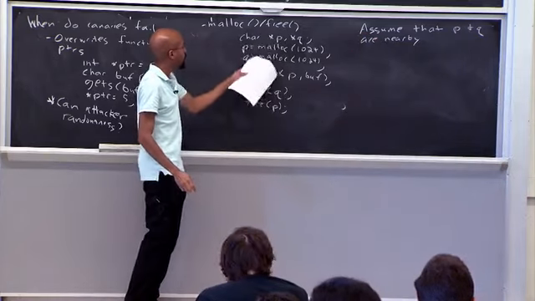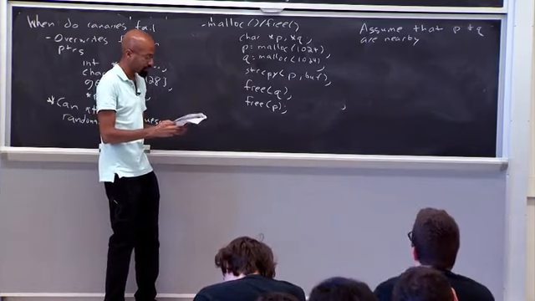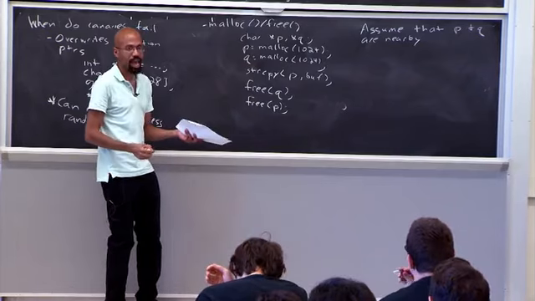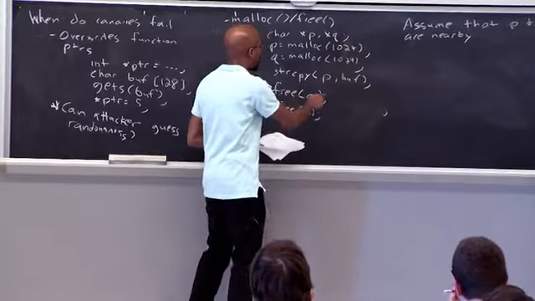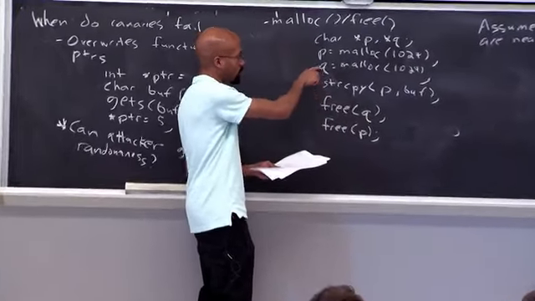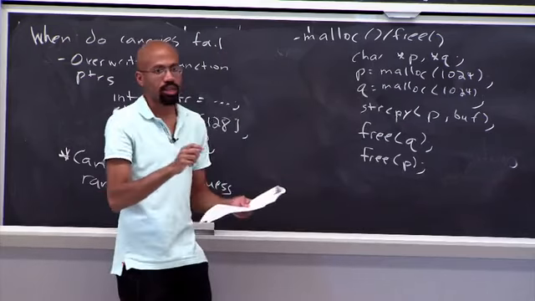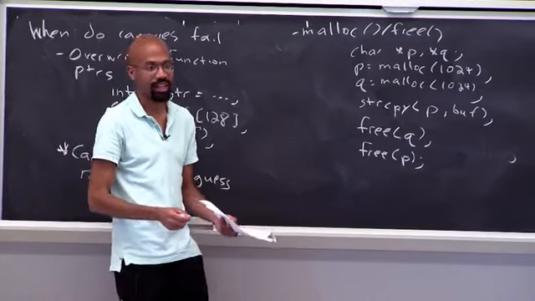Both of these objects lie next to each other in the memory space. There are some subtle and evil things that can happen here, because this strcpy might fill P with a bunch of stuff, but it might also corrupt some of the state that belongs to Q. Okay, and this can cause problems.